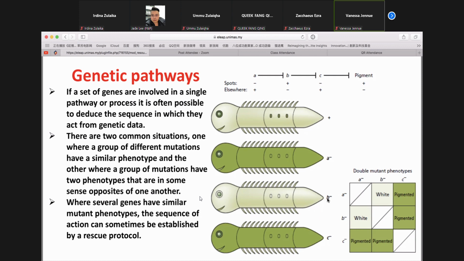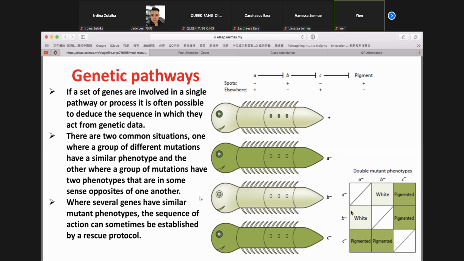Double knockout maksudnya kita knockout kedua-dua gene itu. Contohnya di sini. A with B. We knock out B, we knock out A, we get white. If we knock out A, we knock out C, we get pigmented. We knock out B and C also pigmented.